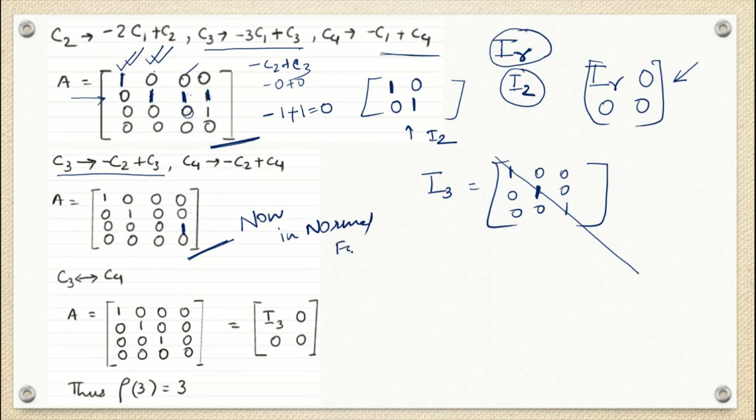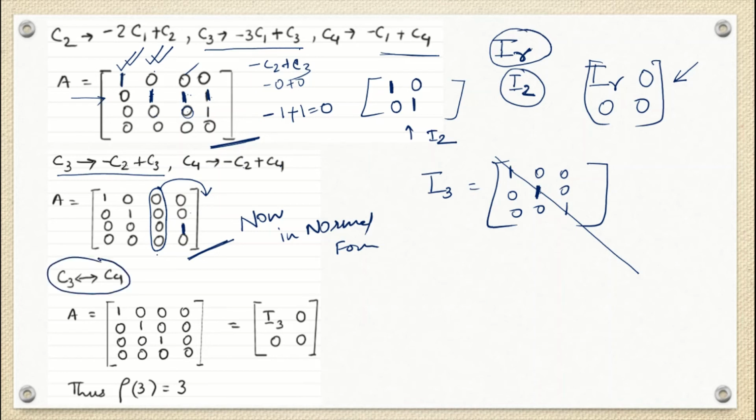The reason is I can see that all zeros are present here. Fine. So we have discussed in our REF form that if any zero row is there, that zero row will be at the bottom of the matrix. Similarly, if I am having an all zero column, okay, if the column is having all zero numbers, that should be at the rightmost side of your matrix.